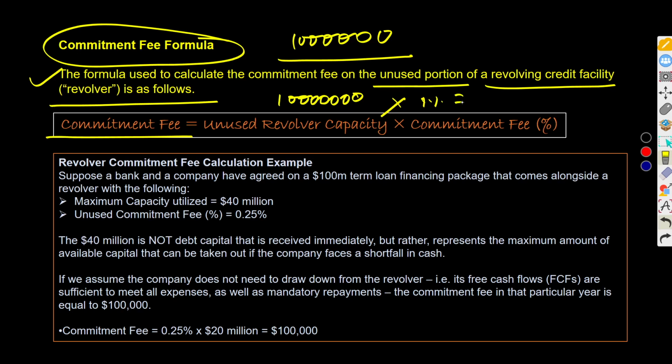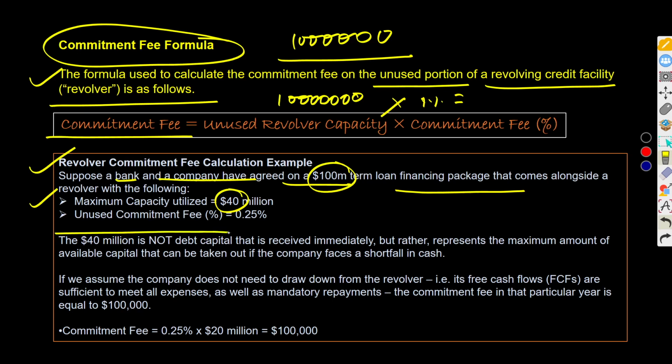All right. So here, take a practical example. Let's say a revolver commitment fee calculation example. Suppose a bank and a company have agreed on a 100 million transaction, a financing package that comes alongside a revolver with the following: maximum capacity utilized, so that the institution only utilized 40 million, and the unused commitment fee ratio is 0.25.